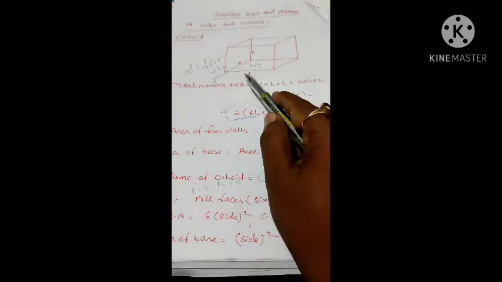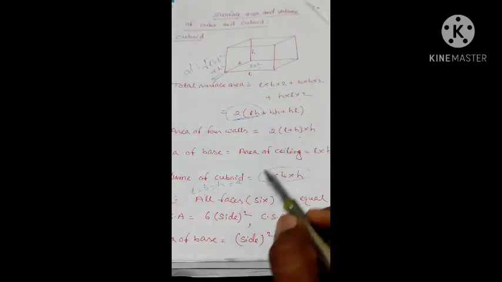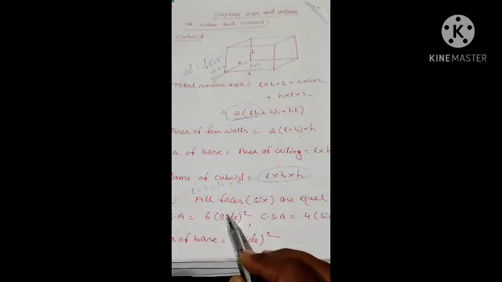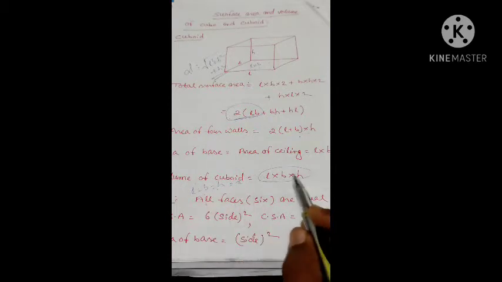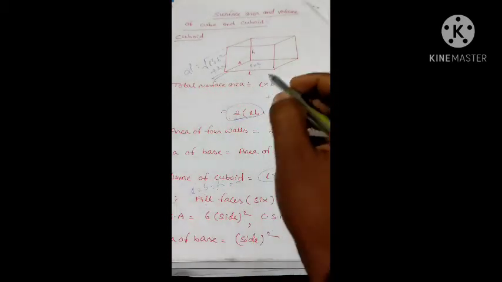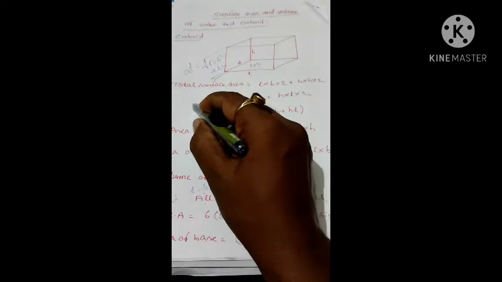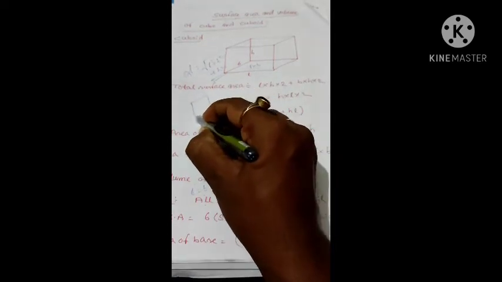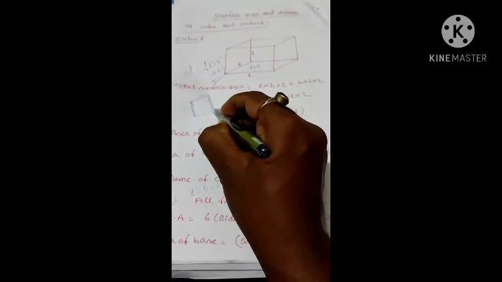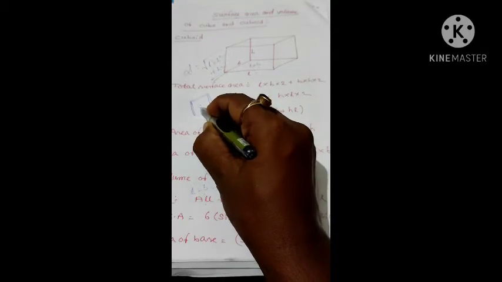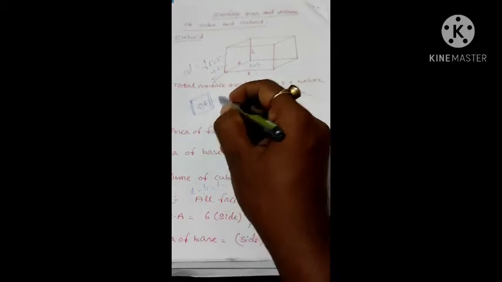Now suppose length, breadth, and height are equal, then the cuboid is called what? A cube. In a cube, all the 6 faces will have equal area, and here it was a rectangle, but in a cube, each face will become a square. And we know that the area of a square is side into side, that is side square. So there are 6 faces.